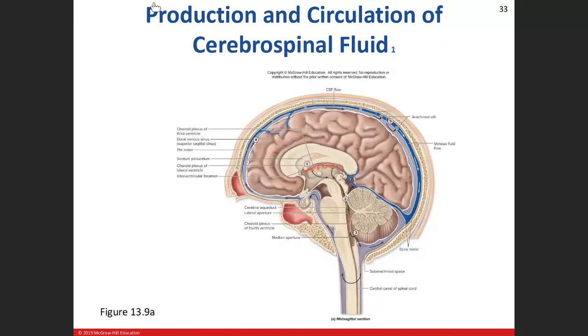All right. So what we're seeing on this slide, okay. You can kind of see here in our ventricle. Here's where the 3rd ventricle is. The 3rd ventricle drains down here into the 4th ventricle. So that cerebral spinal fluid can go down here and down into the spinal cord if it needs be, or it can go out laterally, and then it'll circulate around the brain.